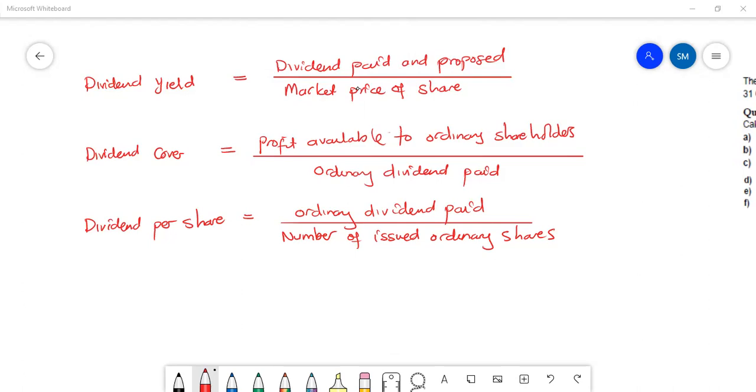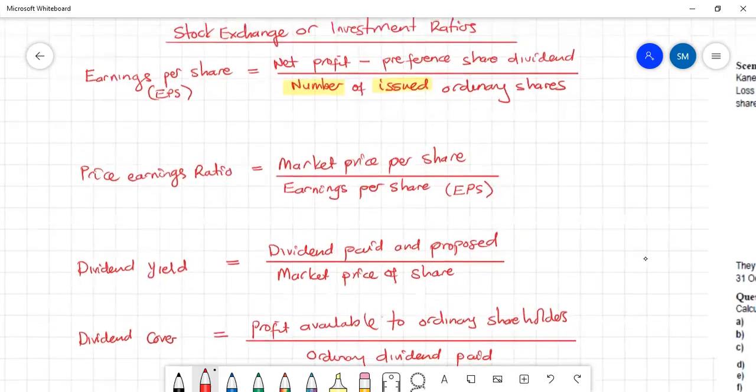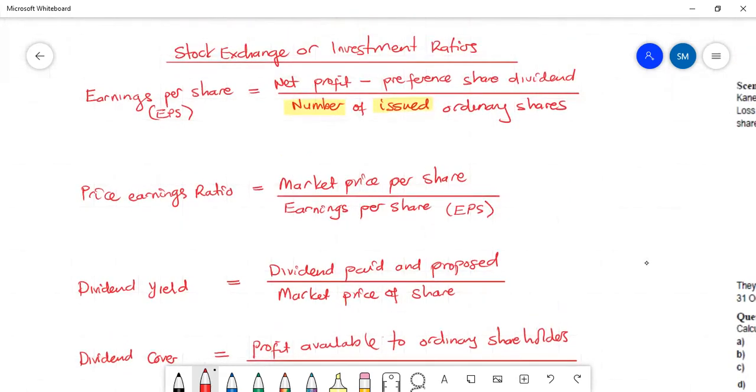So let's look at which one can be more interesting: the price earnings ratio. We said we are looking at the price per share divided by the earnings per share.